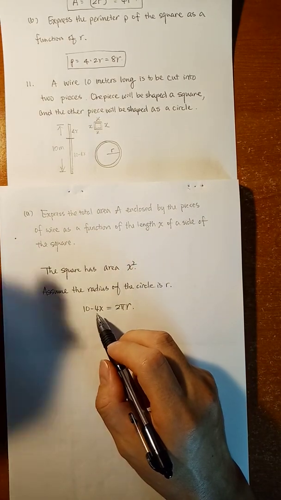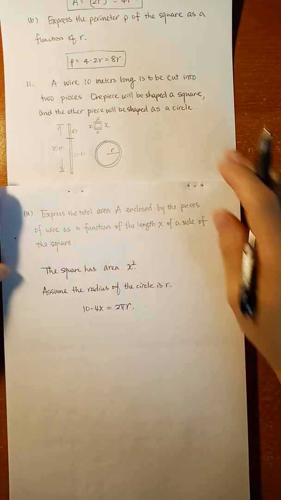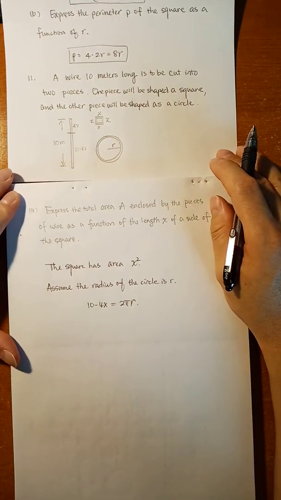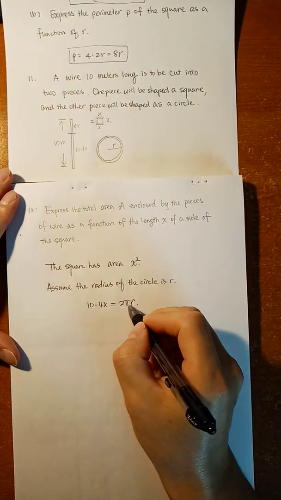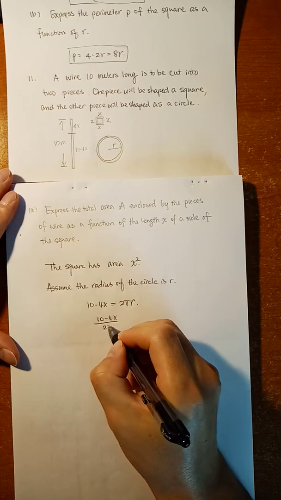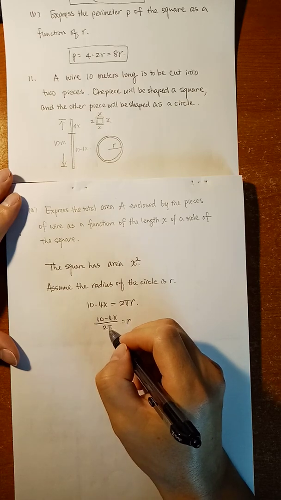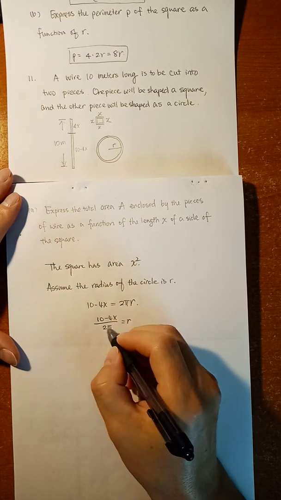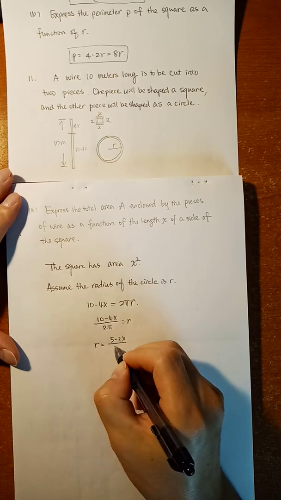It is also equal to 10 minus 4x because we use this wire to bend a circle. So from here we can solve. We divide this equation by 2 pi. We get r equal to 10 minus 4x over 2 pi. If you cancel 2, you will get r is 5 minus 2x over pi.